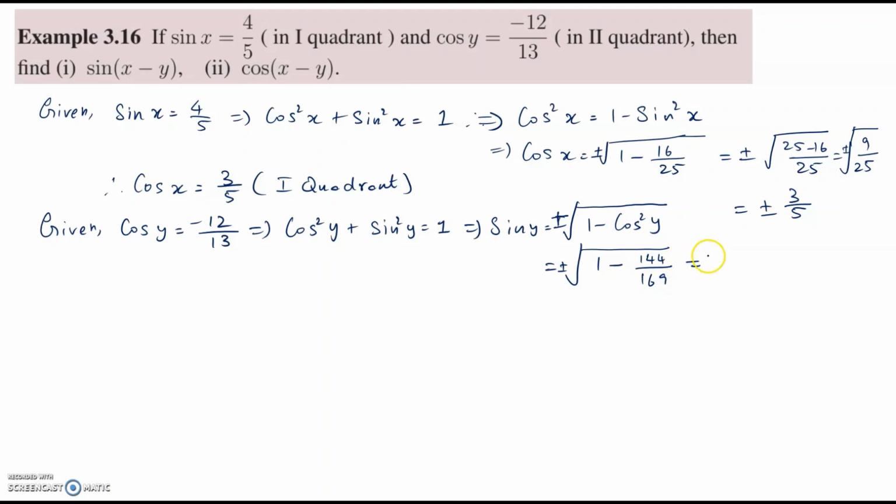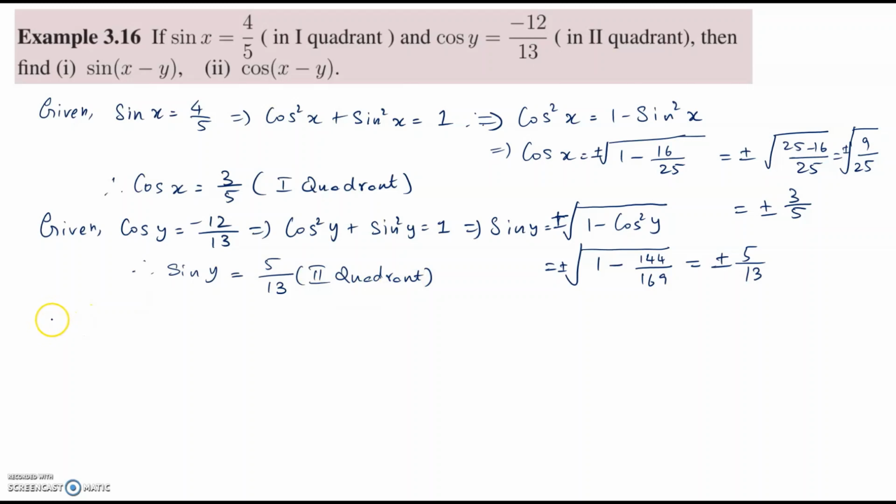So solving this, you will get the answer as plus or minus 5 by 13. Since this is in the second quadrant, your sign will be positive. Therefore, our sin y is equal to 5 by 13 in the second quadrant.